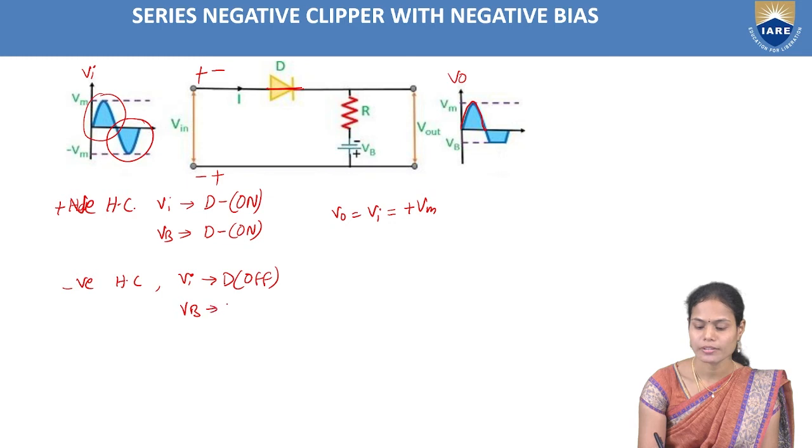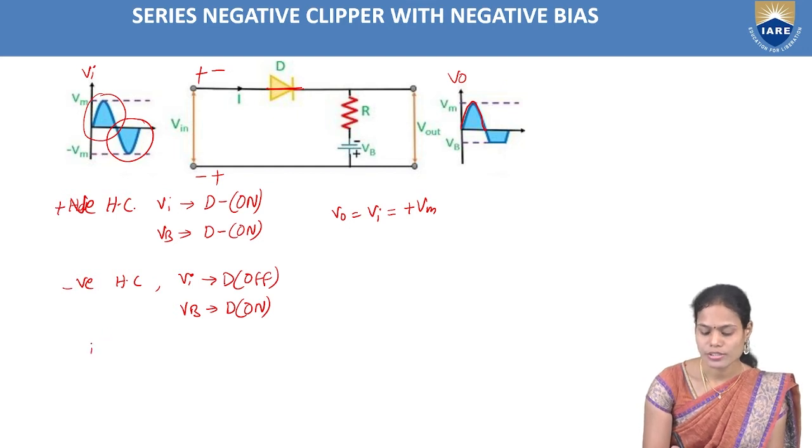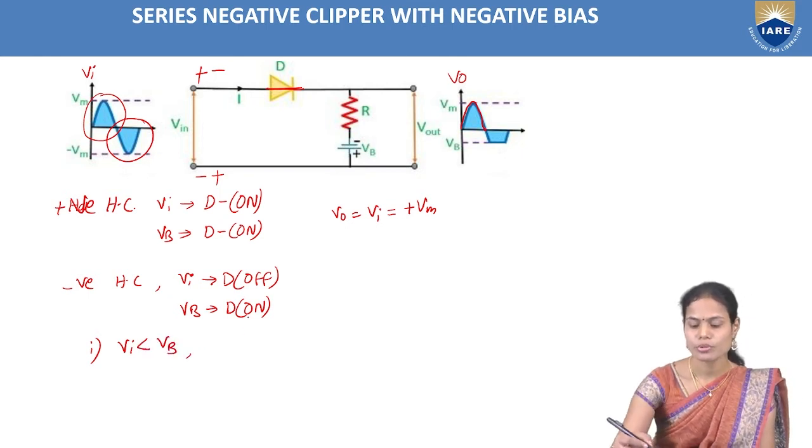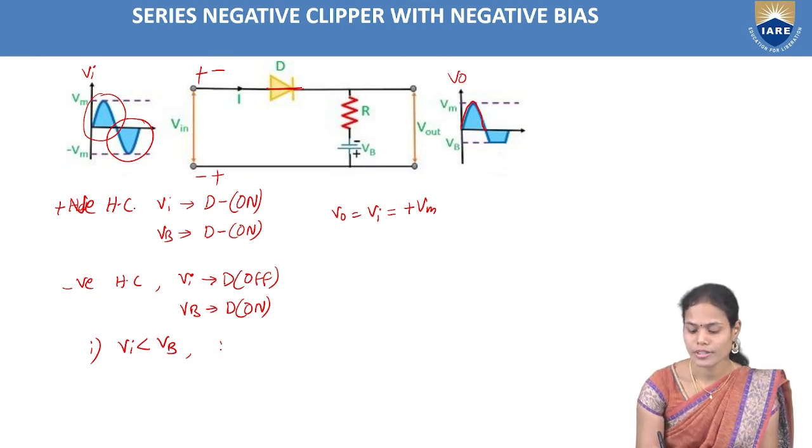VB is making the diode go into the on state. So one voltage is making the diode on, but the input voltage is making the diode off. In this condition, we have to check whether the input voltage is less than the battery voltage. If it is, the diode is in the off condition.